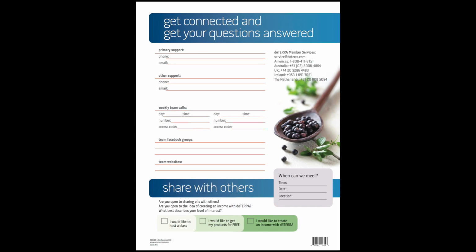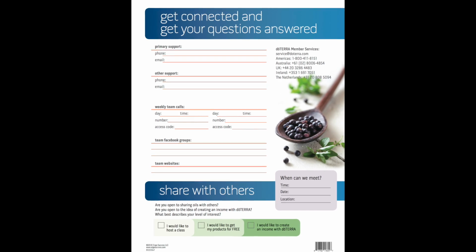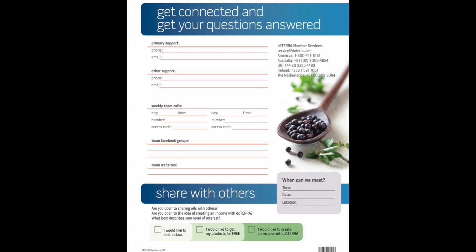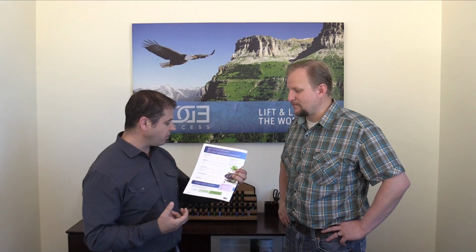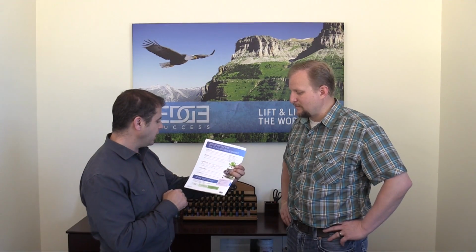On your primary support, if I was enrolling the person, I would list myself as the primary support. And then I'd probably use somebody in my upline or somebody that lives close to them that's really a strong member of our group as an alternate person that they could contact if they had questions or wanted to get support. And then of course, doTERRA's support numbers are listed here if they need to call customer service for ordering issues and things like that.